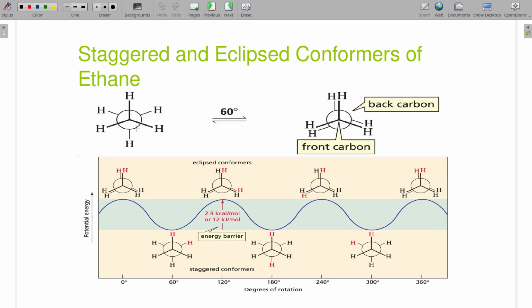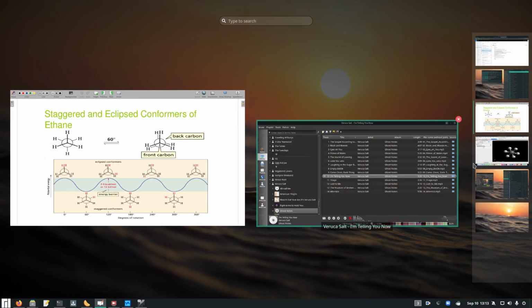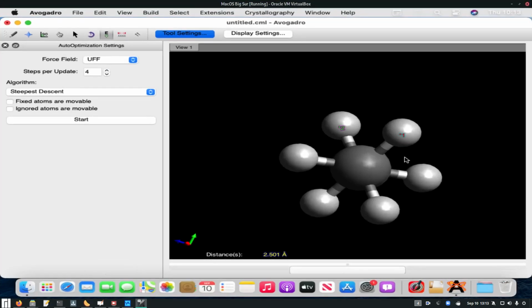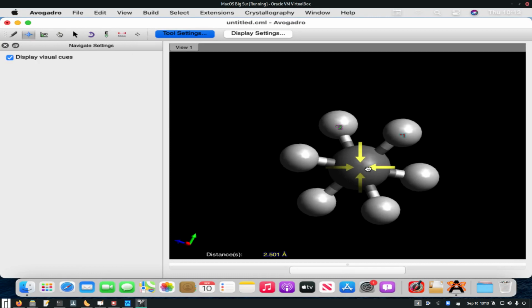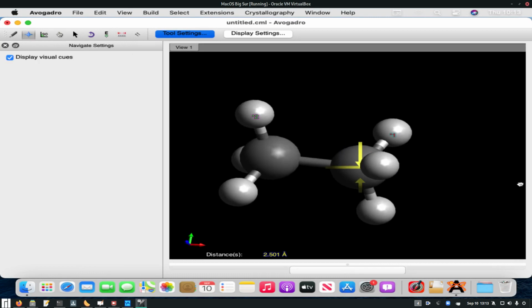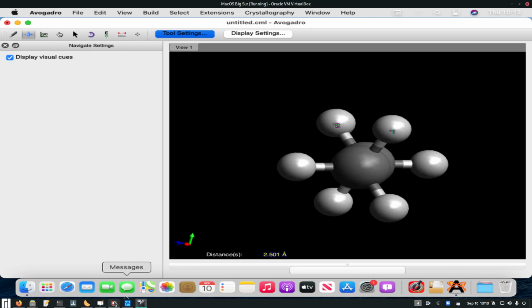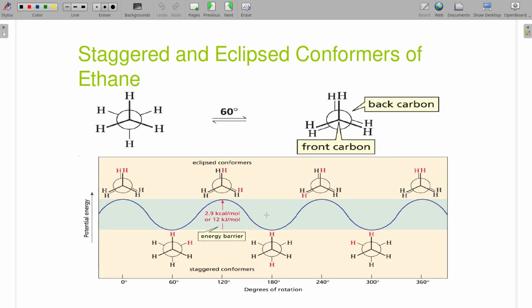So this staggered form really is the same thing we were seeing on Avogadro. These front 3 are coming off the first carbon, these other ones are coming off the back. It's just a different way of looking at ethane. And back on here, that is a different way of looking at it, where they're hidden behind it.